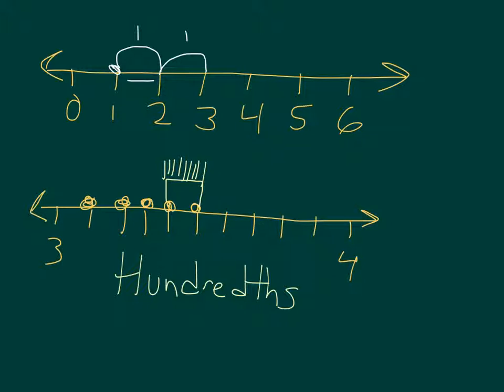And then even crazier, in between these two lines here, we can divide those up into 10 pieces, which become our thousandths. So we've got a lot to look at. Let's go on to the next.